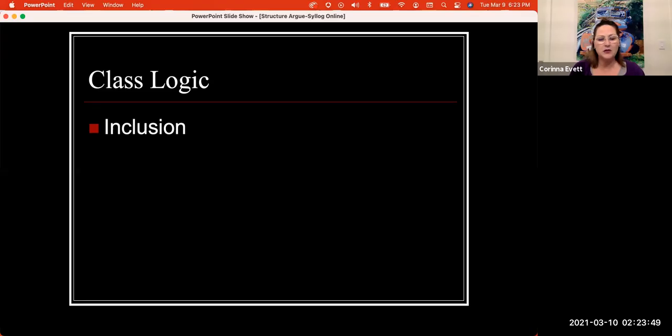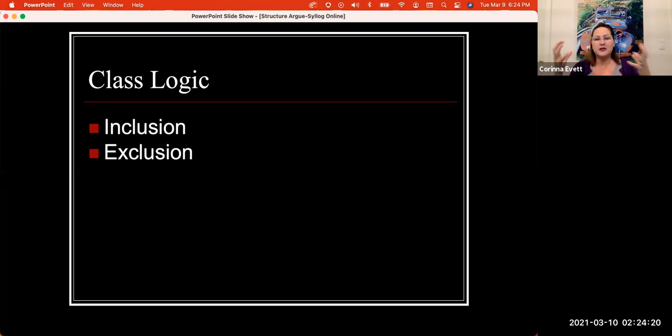And so when you talk about inclusion, what do you think that means? Just inclusion, including. It's a relationship between classes or classifications where members of one class are also a member of another class, right? And exclusion is the relationship between classes that, what? You guessed it, it's exclusive, it's excluding.